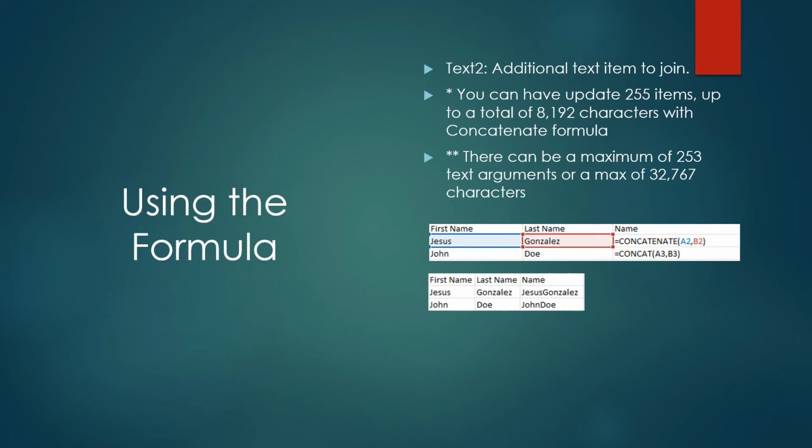You can have up to 255 items or a total of 8,192 characters with the CONCATENATE formula, or a maximum of 253 items or a max of 32,767 characters with the CONCAT formula. If you want to continue adding more, you would just indicate a comma and select the next text item.